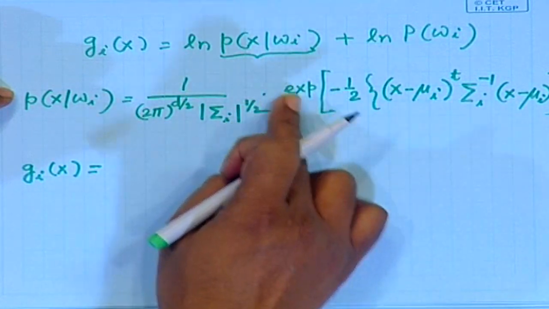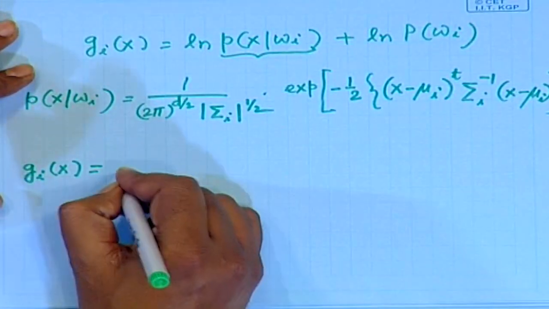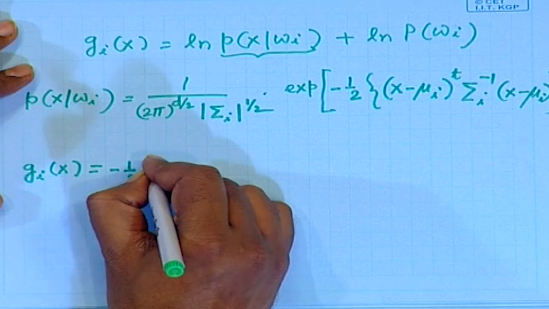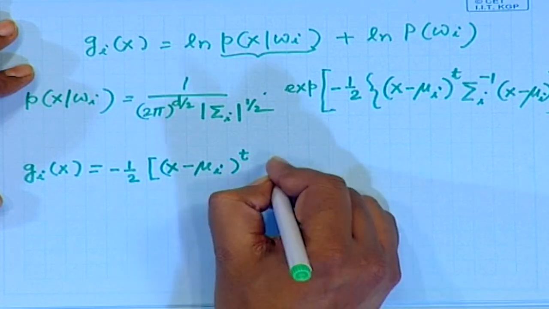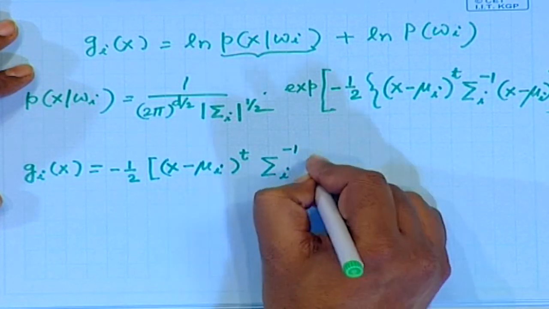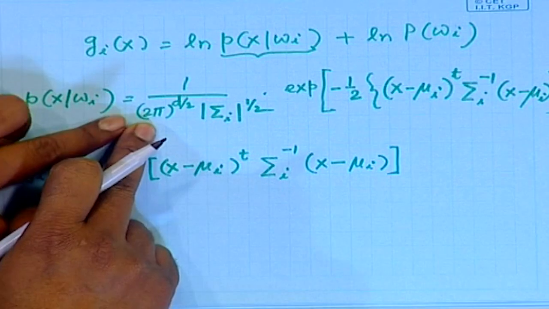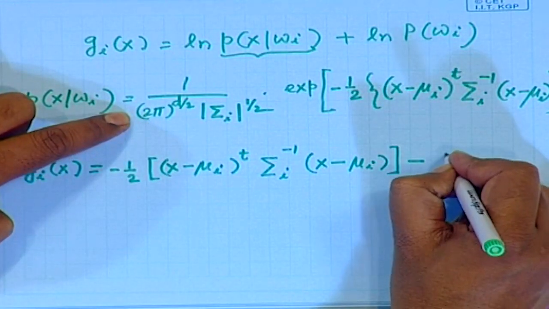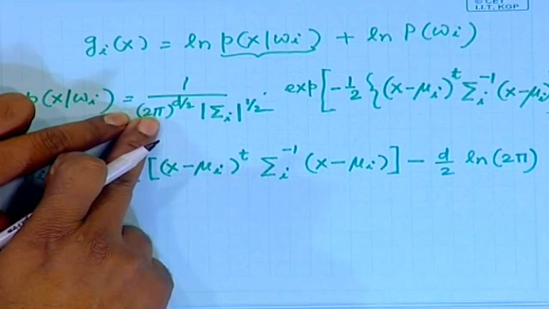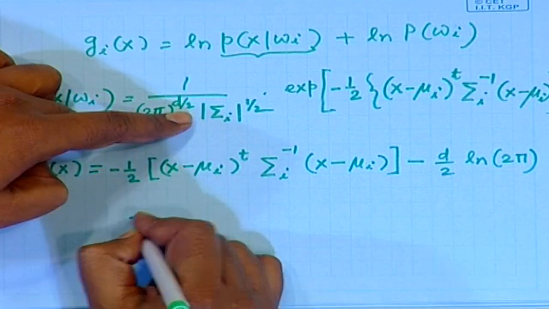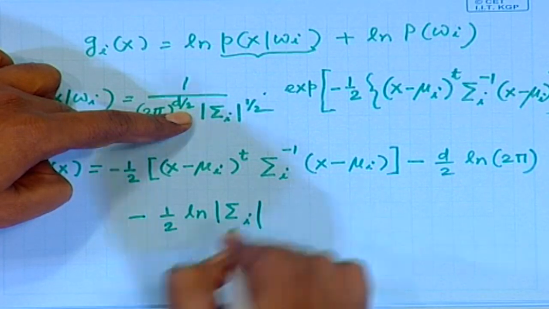Since this is an exponential, if I take the logarithm, it simply becomes minus half (x minus mu_i) transpose sigma_i inverse (x minus mu_i), minus d by 2 logarithm of 2 pi, minus half log of determinant of sigma_i.